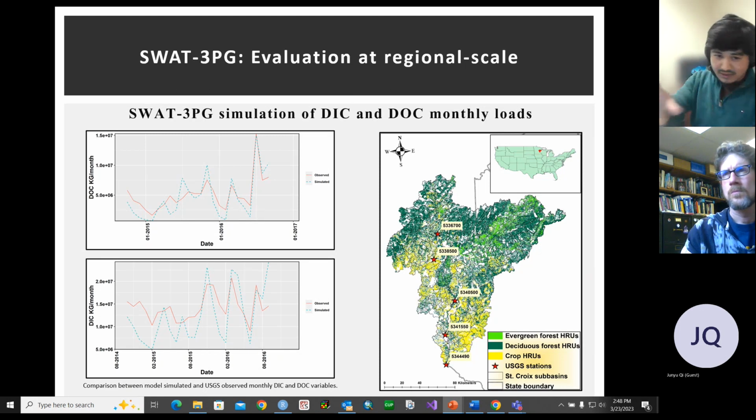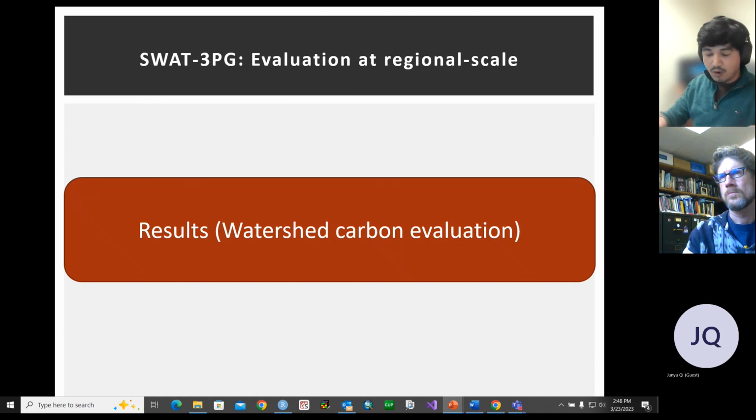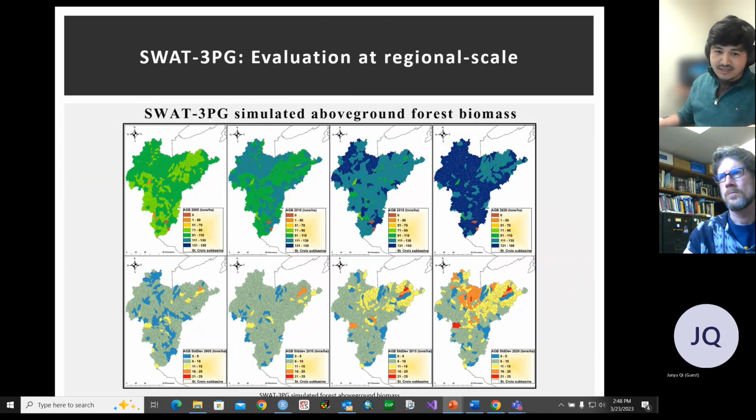So with these calibrations, we did some preliminary evaluations of these carbon estimates that we wanted to look into, right? So the watershed level carbon evaluation. This plot right here shows the SWAT 3PG estimated forest biomass, right, for 2005, 2010, 2015, 2020, basically for each subbasin, and this shows the standard deviation for each of the subbasins, right?